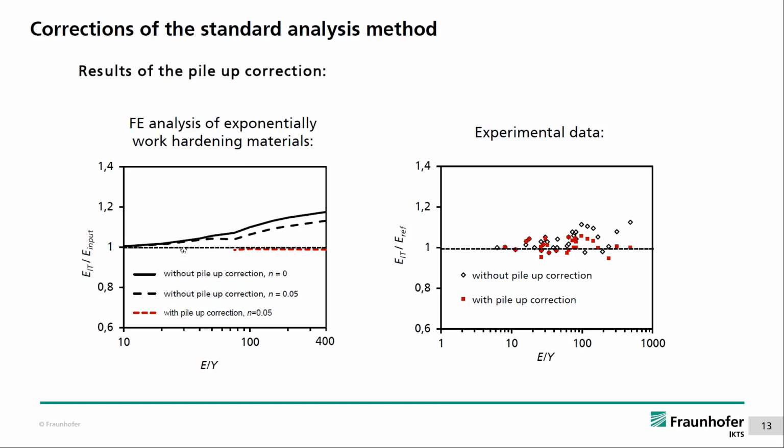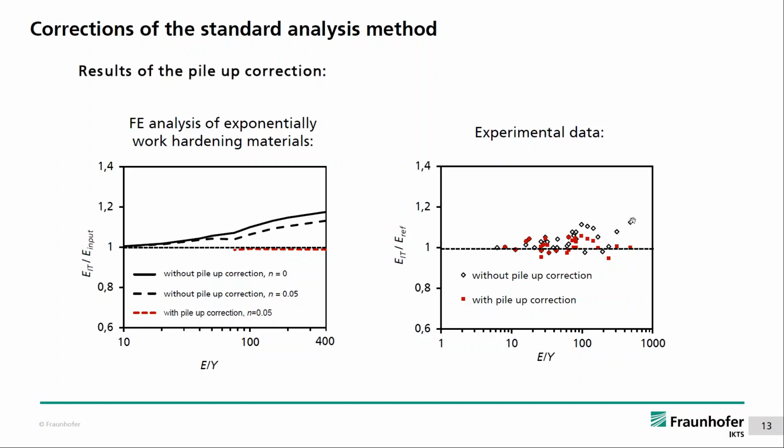You see for low E over Y values, it's pretty good with the standard treatment because there's no pile-up, and as soon as you go higher, there will be pile-up, and there will be errors up to 20% for the Young's modulus. And then if you use this pile-up correction, you stay really flat at 1, so at the perfect value.